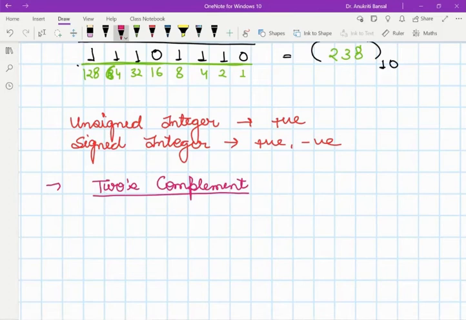Suppose I have this number 127, and in 8-bit 2's complement, this number will be written as this. This is 8-bit representation.